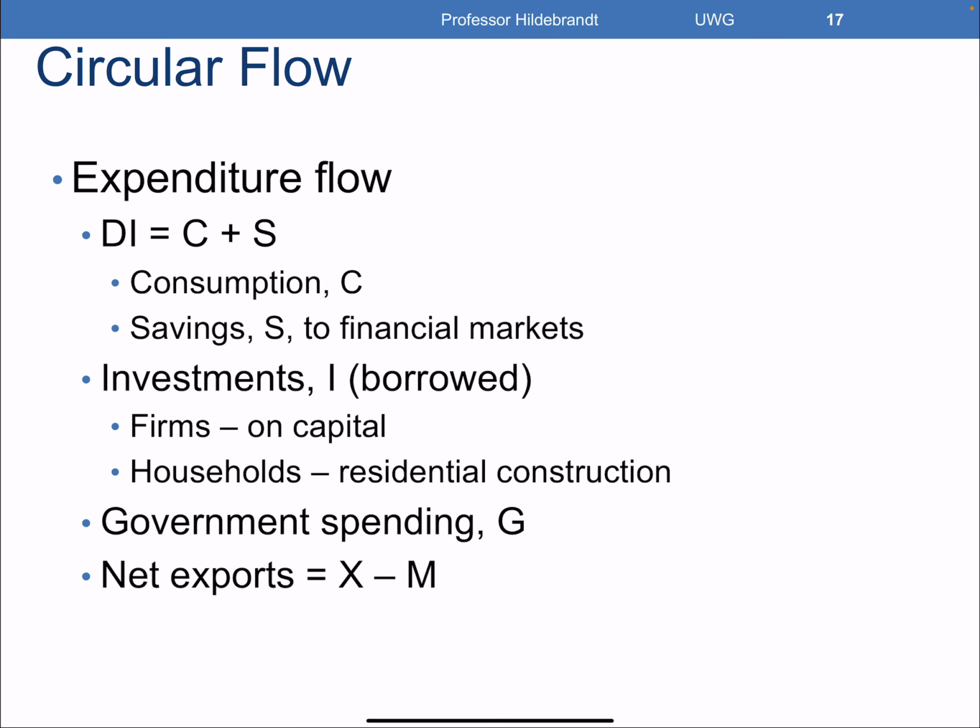So another formula that we're going to need to know then is that disposable income equals consumption plus savings. And so it'll be important as we move through these chapters to remember that there's more than one way that these things are related. So let's say I give you some information and it's talking about disposable income. And you're like, oh yeah, disposable income equals GDP minus net taxes, right?